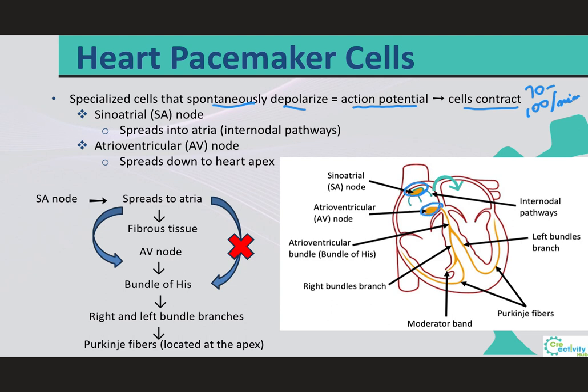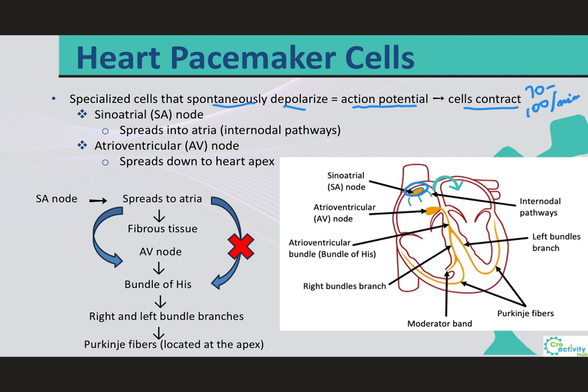But we know that this electrical signal will continue because they need to reach the ventricles to be able to contract the ventricles. So this electrical signal will be able to bottleneck itself through the other group of specialized myocardium cells, which are the AV node.